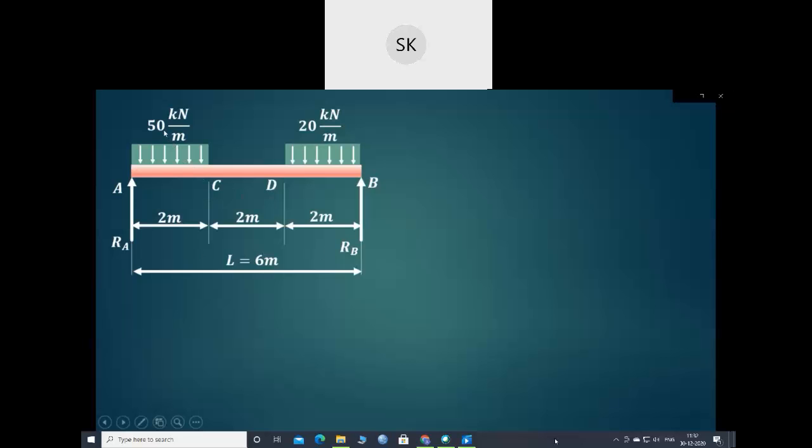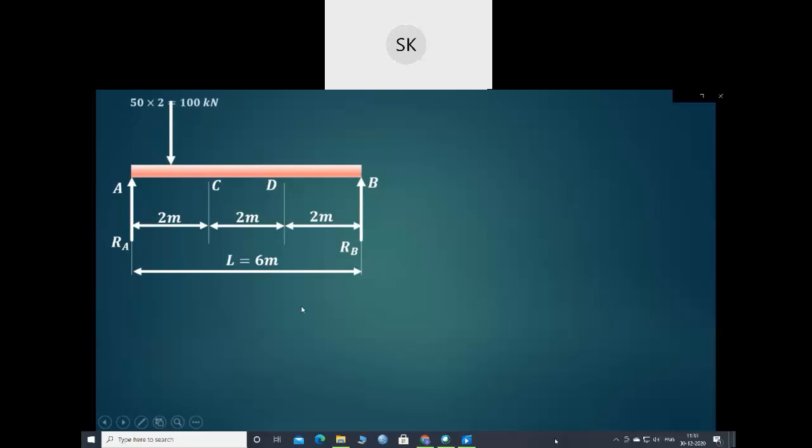So we'll convert this particular uniformly distributed load into a point load. The meaning of UDL is for 1 meter length the load that is acting is 50 kilonewton, then for 2 meter length the load that is acting will be 100 kilonewton, and it will be acting at the center of this rectangular distribution. Similarly over here also the UDL load will be 20 into 2, that is 40 kilonewton, and will be acting at the center of this rectangular distribution.